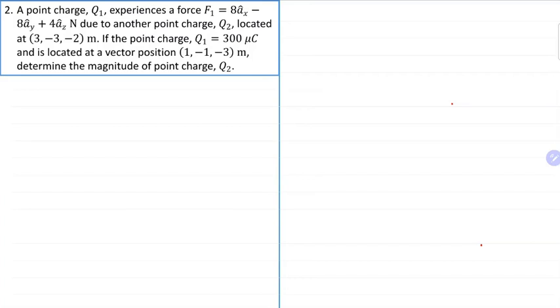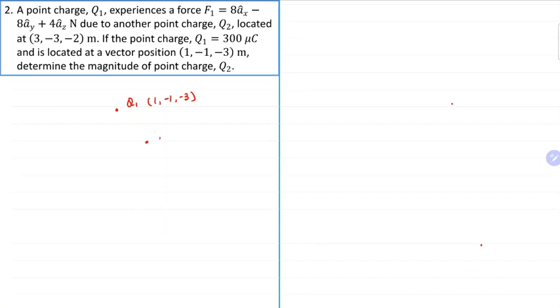Okay, so again we can draw out our scenario. So we have Q1 at the vector position of (1, -1, -3).